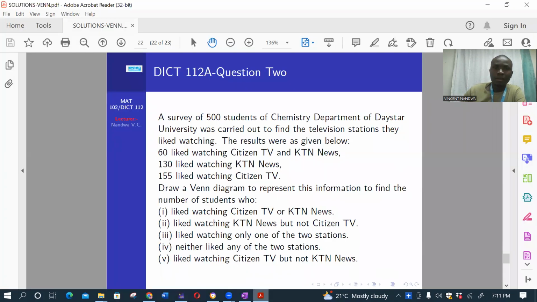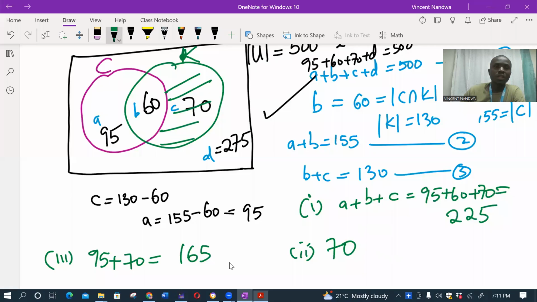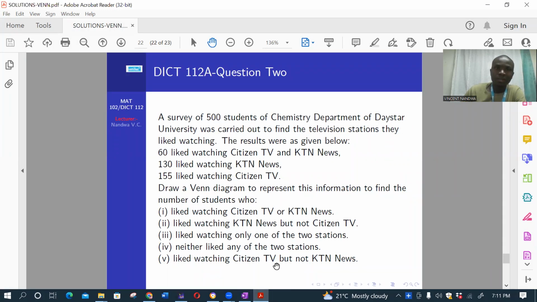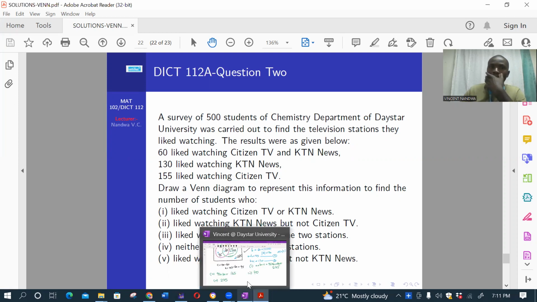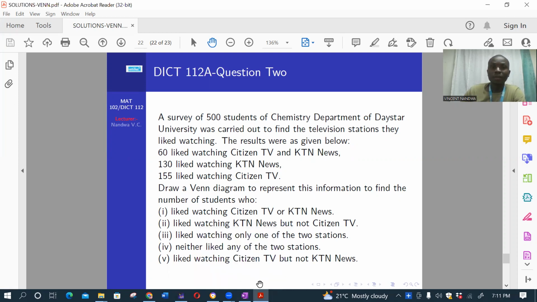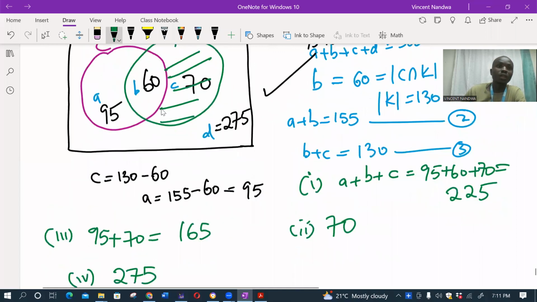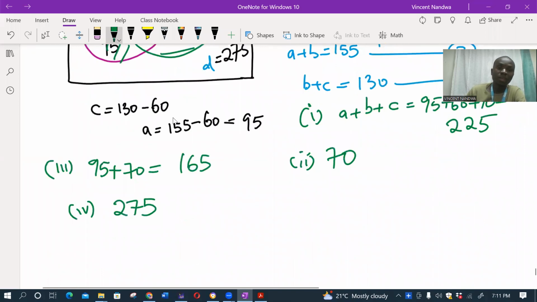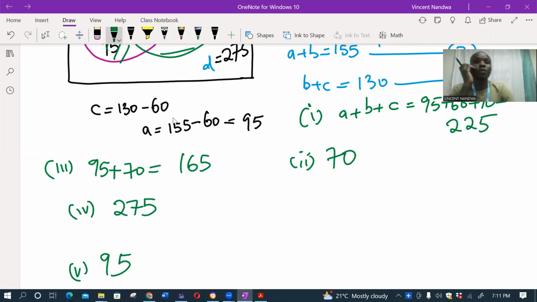Then part 4, neither liked any of the two stations. It means you are outside the two circles, and the answer is 275. Lastly, liked watching Citizen TV but not KTN News. So you are in C and you shouldn't be counted to be in K, and that means you are in this part A. So the answer to part 5 is 95. So that's how we were supposed to respond to the given problem.